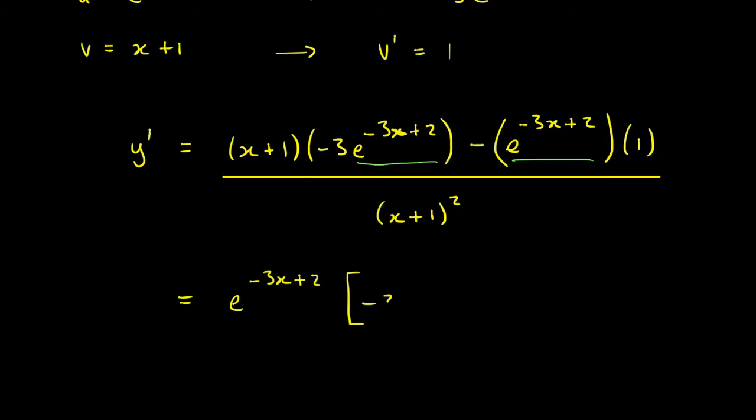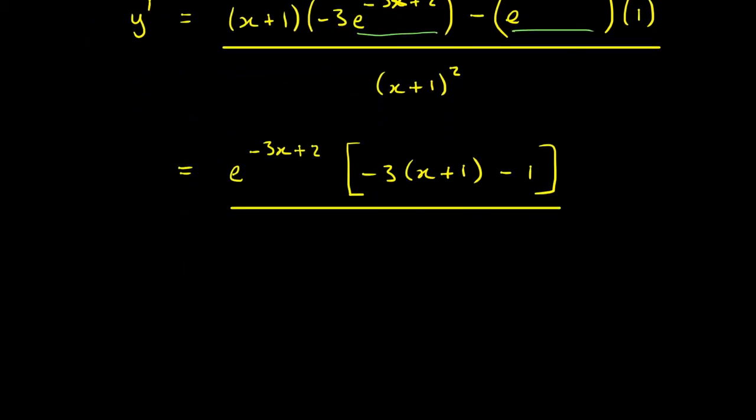I'm going to have negative 3 times by x plus 1 minus 1, right? So if I factorize out the green thing from this term, I'm just left with negative 3 times x plus 1. If I factorize out the green thing from this term, I'm just left with negative 1, right? So that's what's happened there. All divided through by x plus 1 all squared.